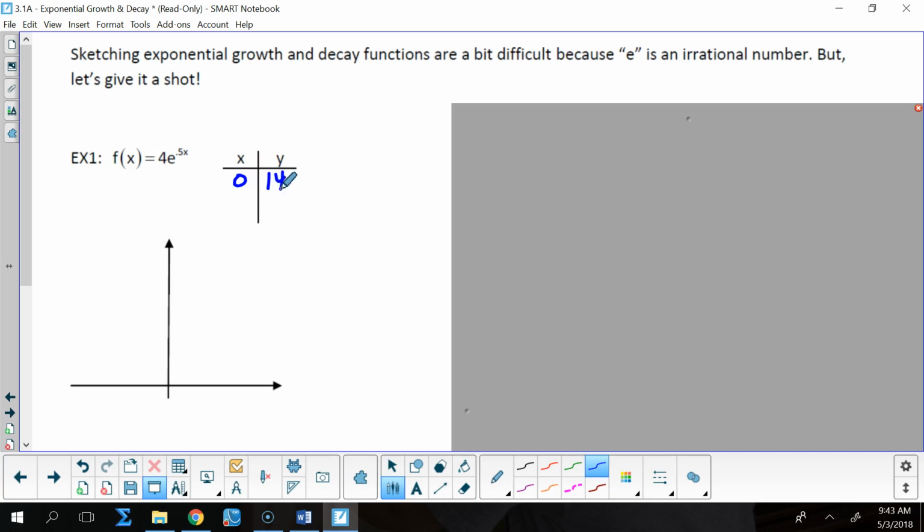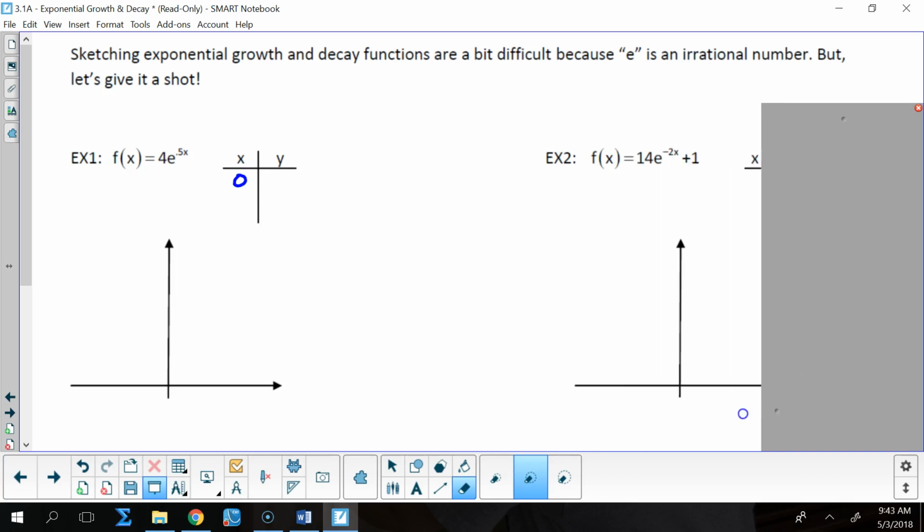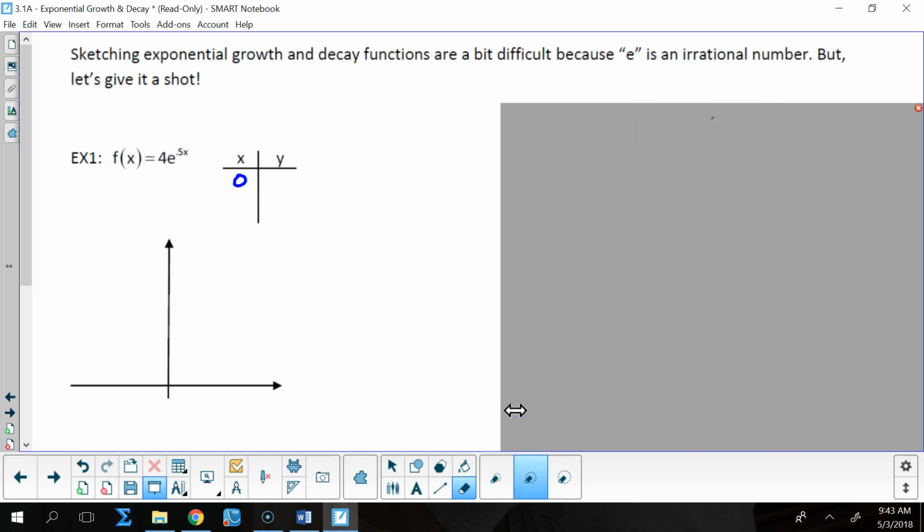Oh, I'm sorry, I said 14 and jumped ahead of an example. It should only be 4. So 0, 4, right? We go on the y-axis, we go up 4: 1, 2, 3, 4.